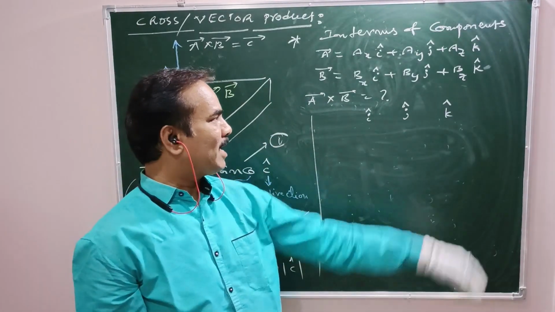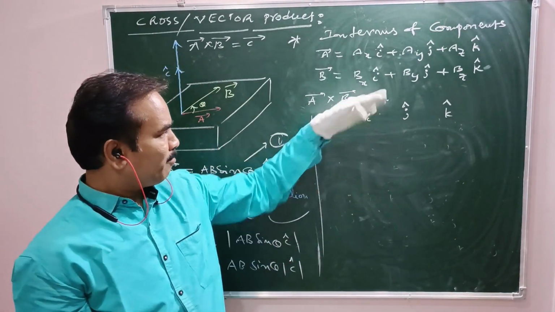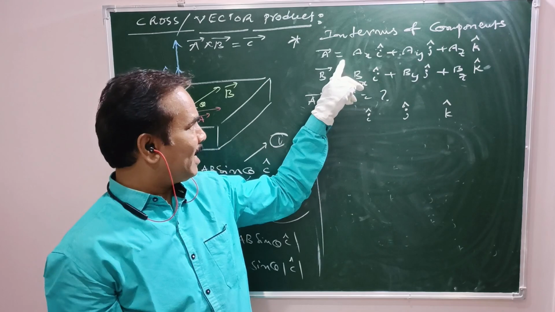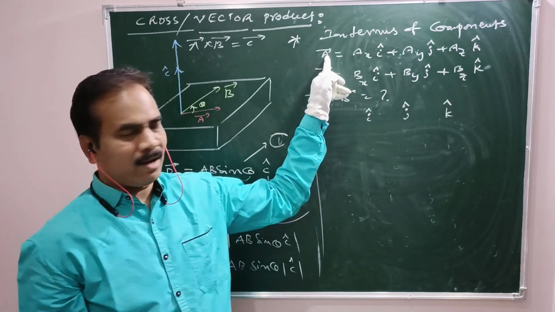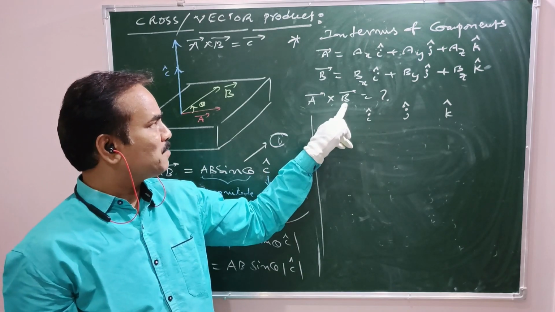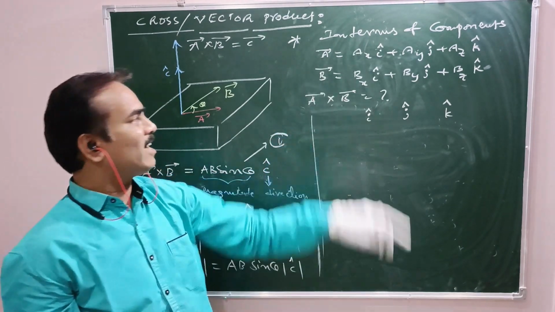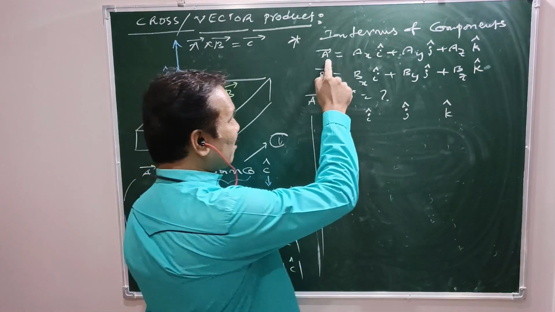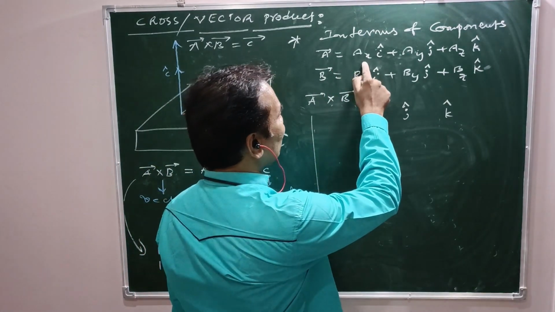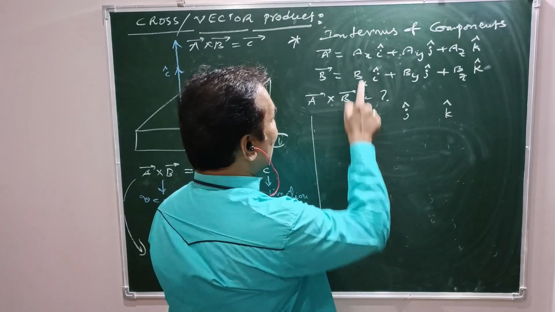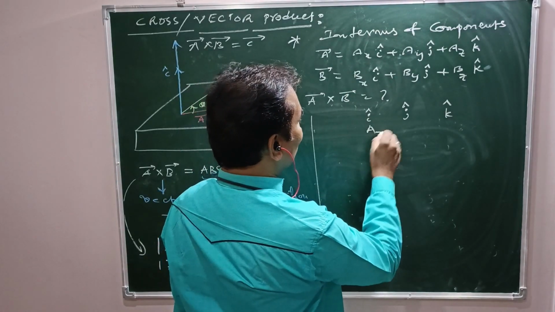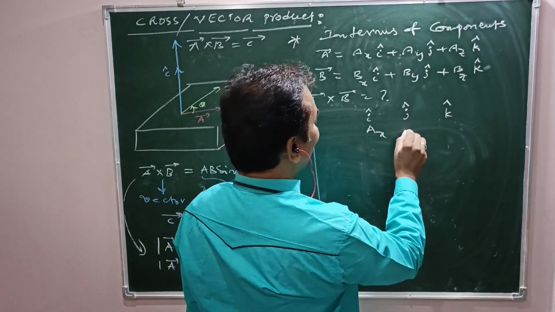Below i cap, j cap, k cap, I am writing the components of the first vector A bar. A bar is the first vector, B bar is the second vector. The components of A bar are x component Ax, y component Ay, z component Az. So below i cap, I am writing Ax. Below j cap, I am writing Ay.